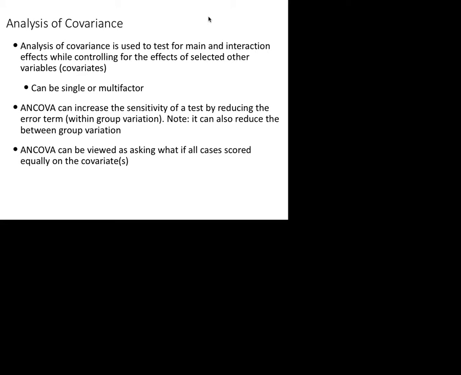And then you can view that as really asking the question, what would the analysis be like if all of my participants scored equally on whatever that set of covariates is, or that covariate, in the case of a single covariate? It's a powerful analysis.